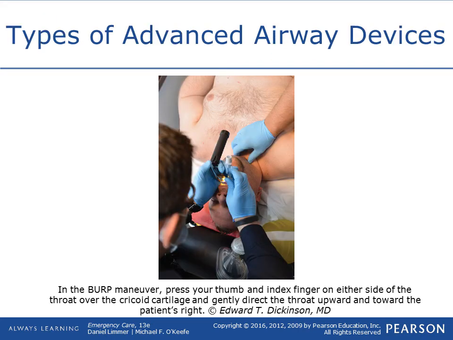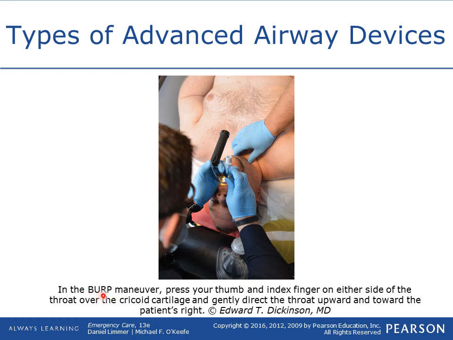You see here a picture of a paramedic intubating. They've got the blade, they've got the light, they're lifting up on the airway. So there are a couple of methods the EMT can do to help in this. One important role of the EMT is to help the paramedic with the intubations, as you see here in this picture. You've got the EMT's hand right here performing what's called a BURP maneuver.